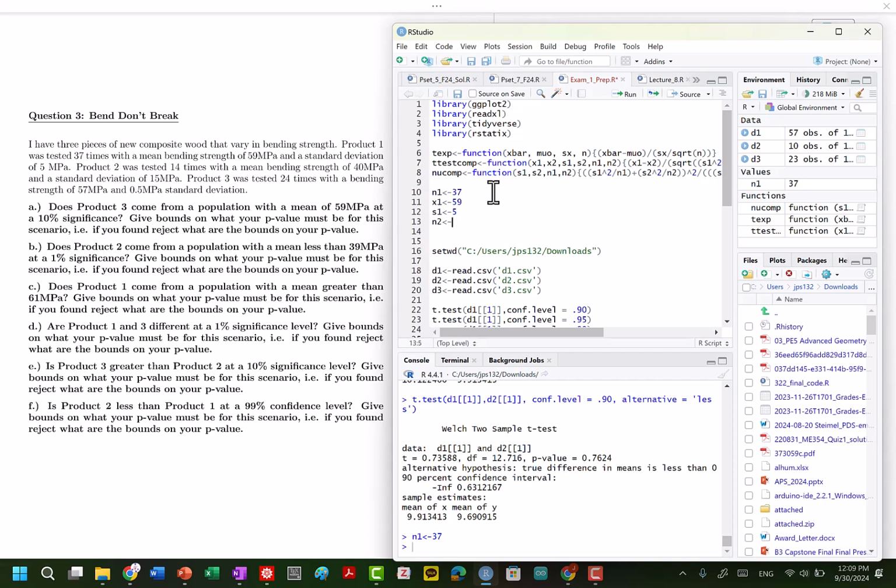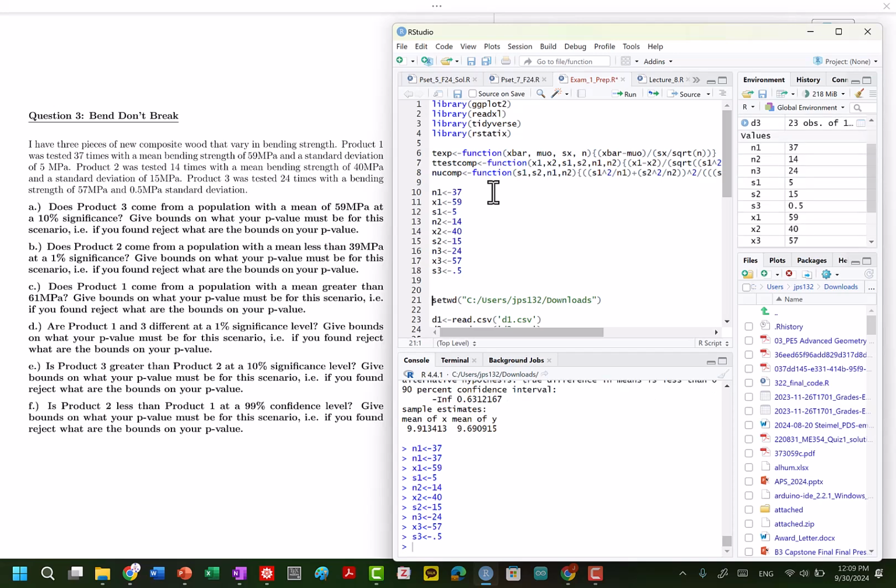N2 is going to be 14. X2 is going to be 40. S2 is going to be 15. N3 is going to be 24. X3 is going to be 57. And S3 is going to be 0.5. Excellent. So, control enter for each of these, and now we can go ahead and get started.